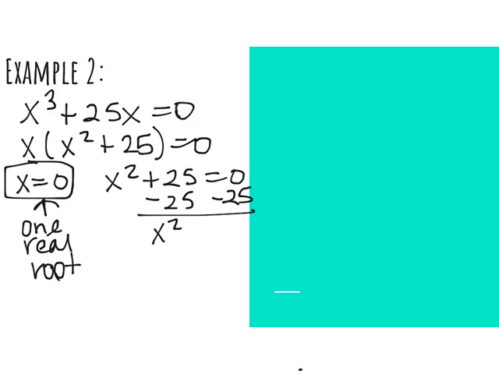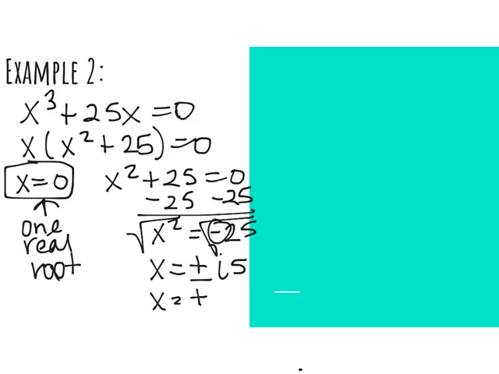So I have x squared equals a negative 25. Once I take the square root of both sides, I added that in there, so I have now a plus or a minus sign. And then this negative right here is going to bring out my i. And then I also have the square root of 25, which is 5. So if we write that correctly, I have a plus and a minus 5i.